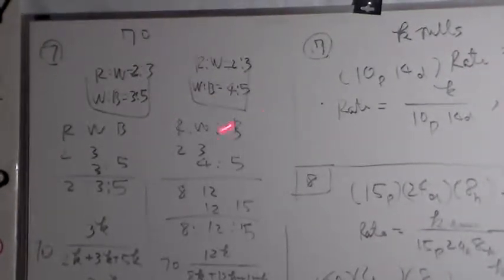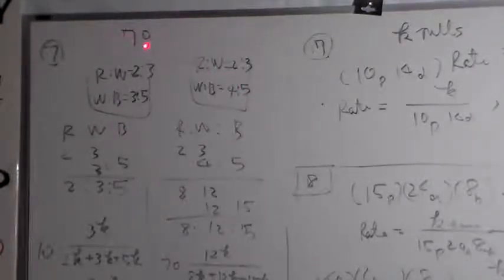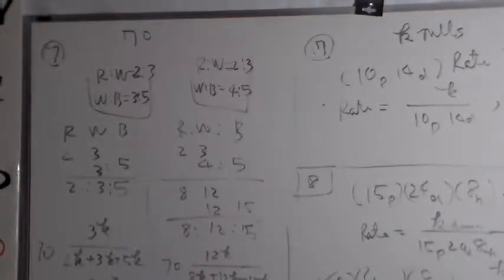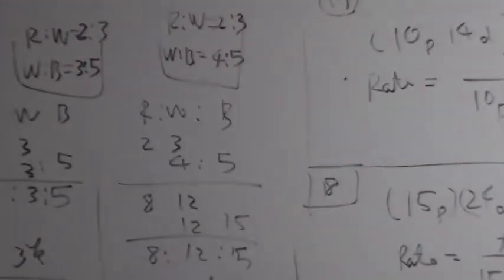Okay, example 7. Jar A and B have 70 marbles each. They are red, white, and blue. Let me see a little bit closer.